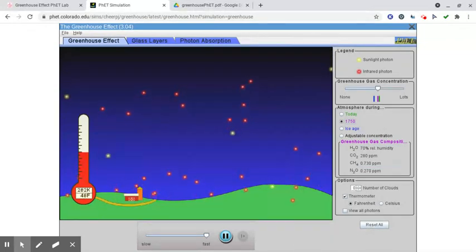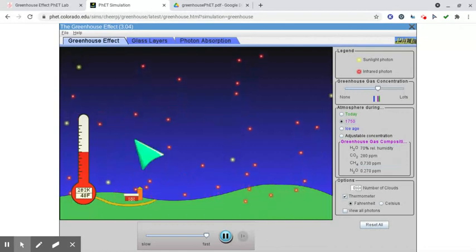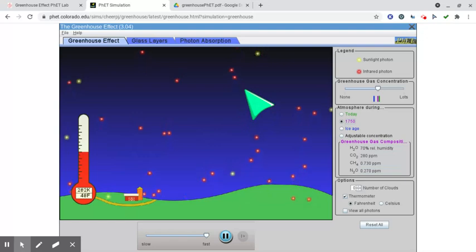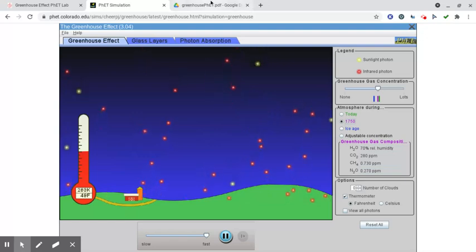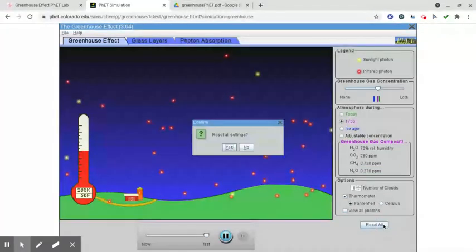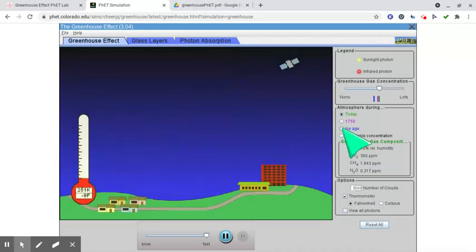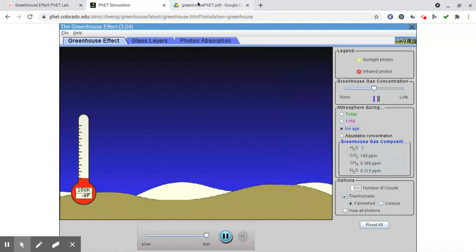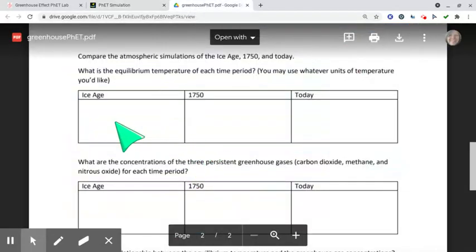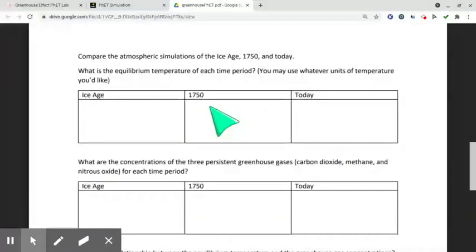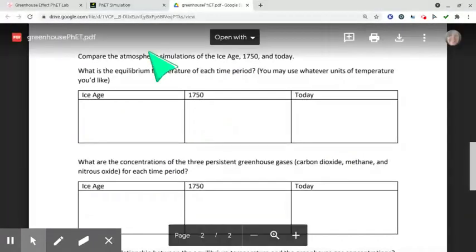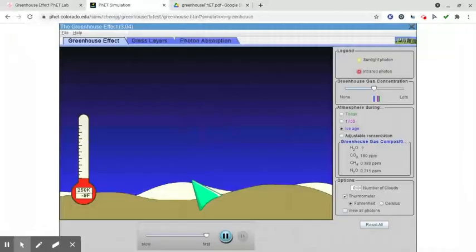Okay, so it's kind of hanging out right there at 46, 47, 48 degrees Fahrenheit. And remember, that's like the average. So there's really cold places, really hot places. So the average we'll put at about 47. Let's go ahead and reset that. We'll let it continue at Ice Age settings. And then we'll answer our question. So today it was about 57, 1750, it was about 48.